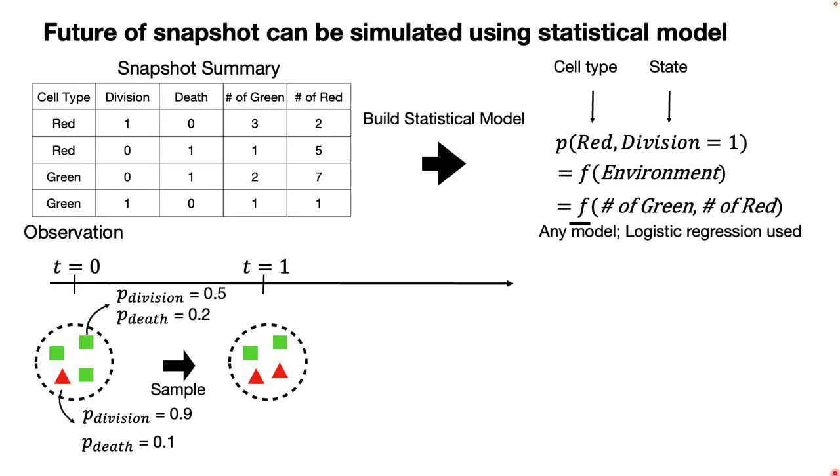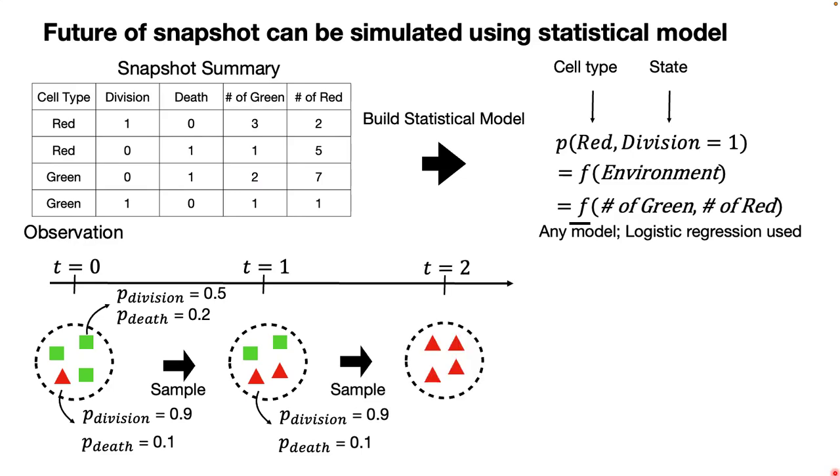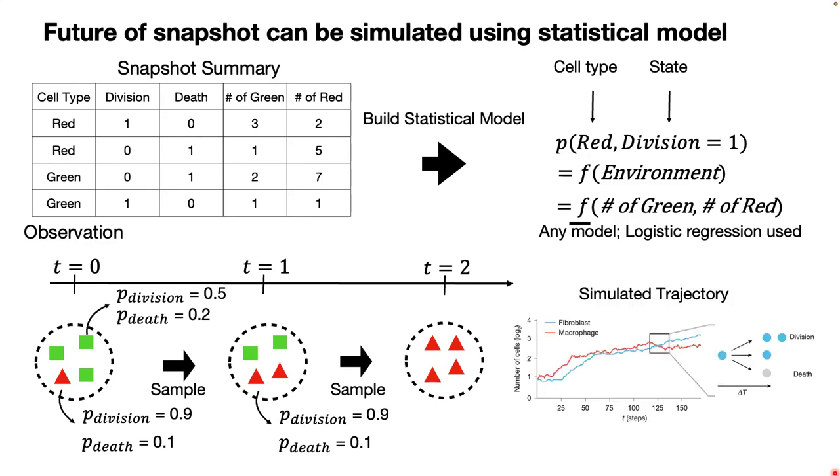Then you can calculate the probability again, sample, and simulate the system. We will at last have the simulated trajectory, something you may see in Gillespie stochastic simulation, but be careful, this is not really the Gillespie algorithm. It's just a simpler version of the simulation template.